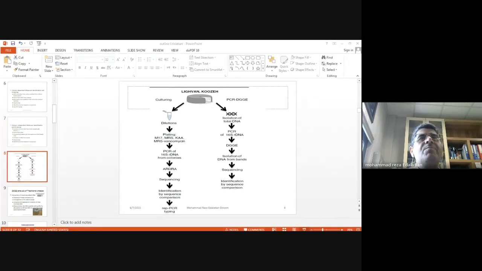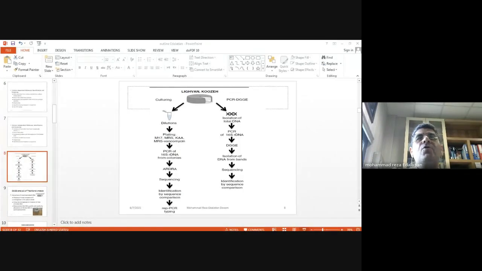In the first step, we have the extraction of total microbial DNA directly from the food sample. In order to extract the DNA, first of all, we should thaw or defrost the frozen samples, because the samples were stored at -18 in the freezer. We thaw them at 4 degrees centigrade in the refrigerator.